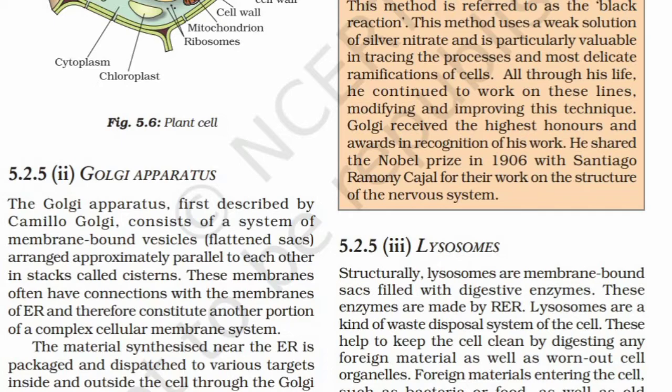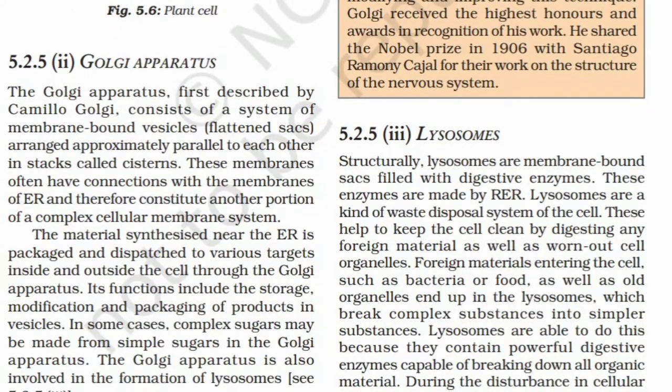The material synthesized near the ER is packaged and dispatched to various targets inside and outside the cell through the Golgi apparatus. They are the sacs and they help in dispatching.